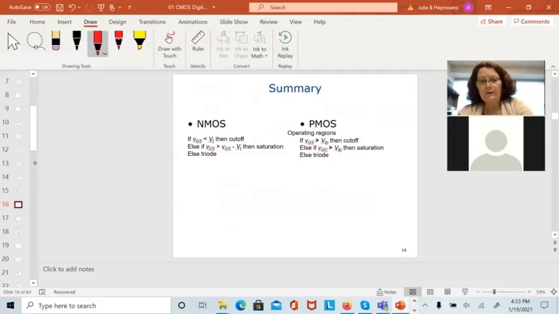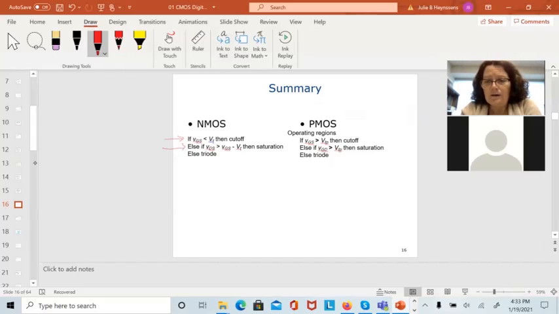This is the way you saw it in 280, because this is the way I do it as an algorithm. For NMOS, VGS less than VT, you're in cutoff. Otherwise, if VDS is greater than VGS minus VT, then you're in saturation, else triode.